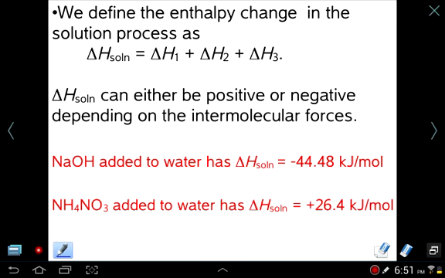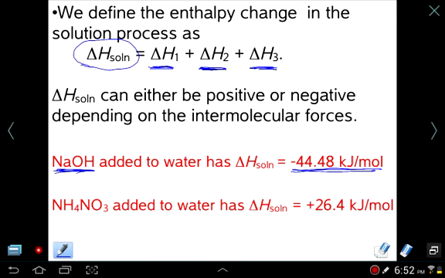So the overall change in the solution can be thought of as adding these 3 heat changes: breaking apart the solute, the solvent, and then making new solute-solvent interactions. For example, anytime you dissolve sodium hydroxide, this is a very exothermic process. Just dissolving solid sodium hydroxide in water releases 44.48 kilojoules per mole.